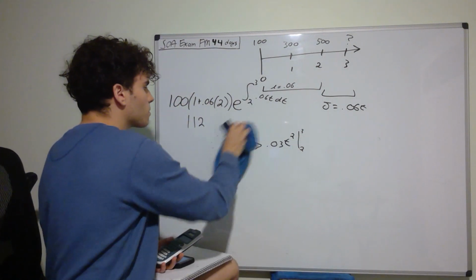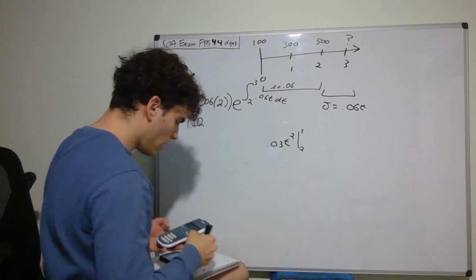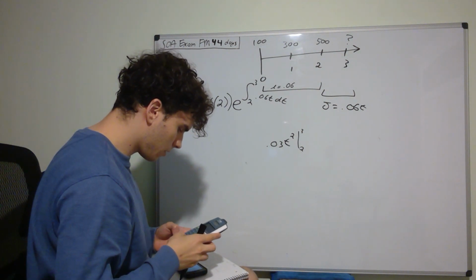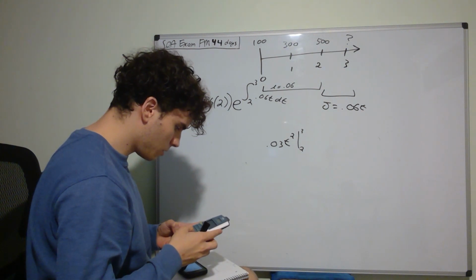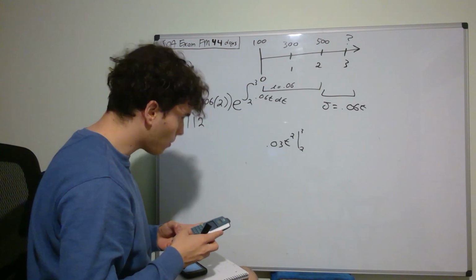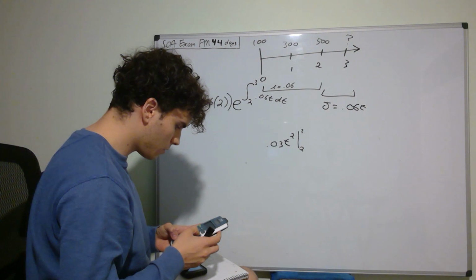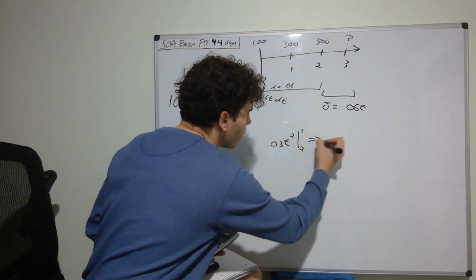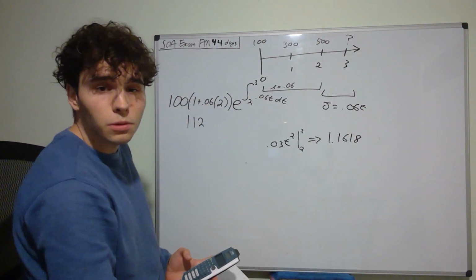Alright, let me erase this to make some more room for myself. Let's do that on my calculator real quick. So we have 0.03 times 3 squared minus 0.03 times 2 squared, and that should equal 1.1618, which seems reasonable.